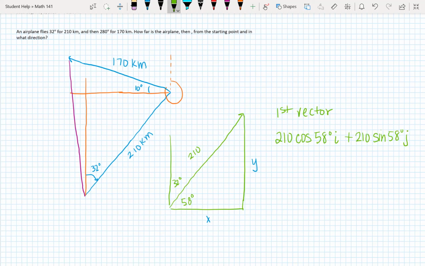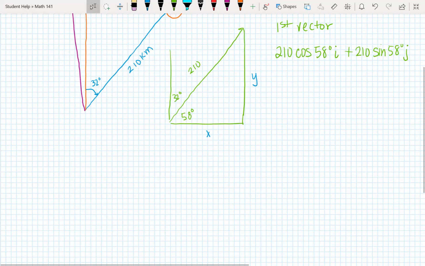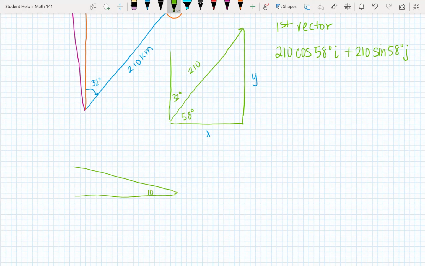The second vector, I'm going to draw a different triangle. We have this situation happening here, where this was 10 degrees. But we're always coming from a positive x-axis, and so we're actually looking at this angle here, which is 170 degrees. We could use the 10 degrees, but we're then going to have to think about positive, negative, and take that into account.